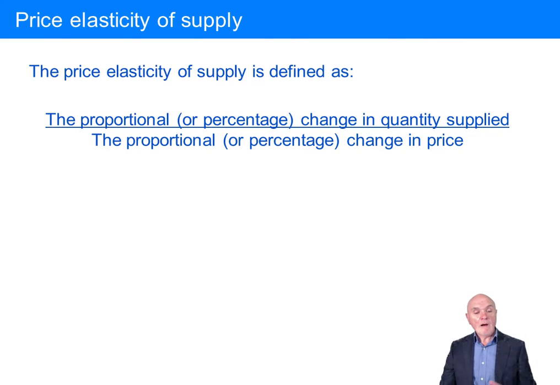But if there's a proportional change in price of, let's say, 10%, and the proportional change in quantity supplied was only 1%, people aren't responding to this change in price. Maybe it's quite an expensive market to get into, or there's a lot of skill in getting into it, or maybe their machinery won't work any faster and they simply can't easily produce more until they spend a lot of money bringing new machinery in.